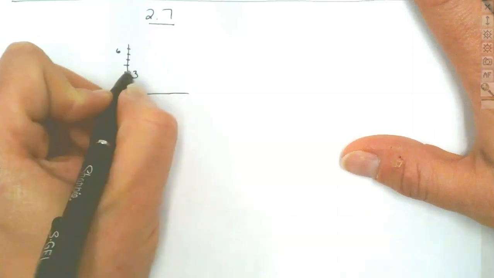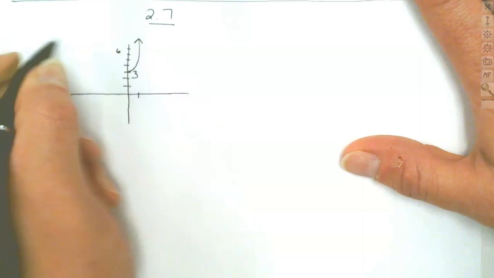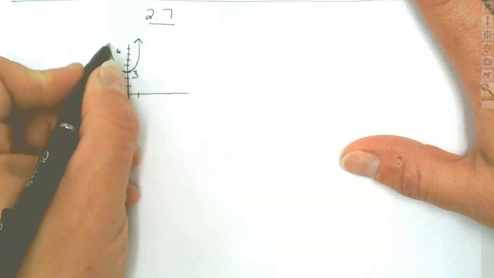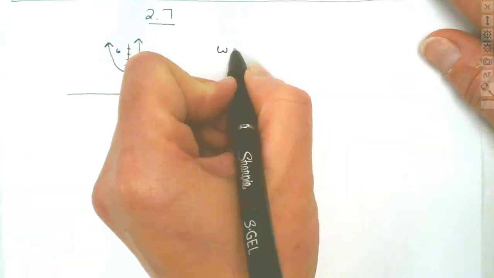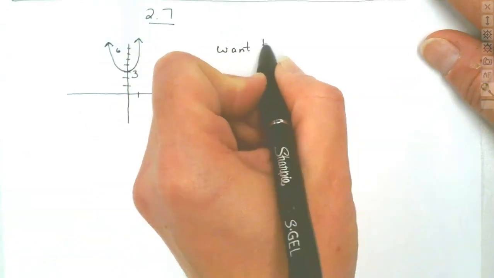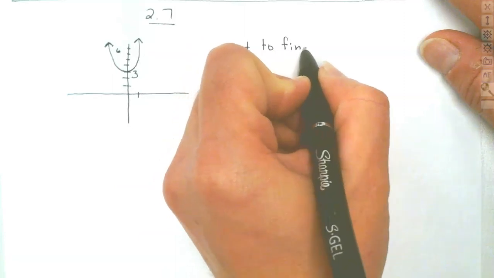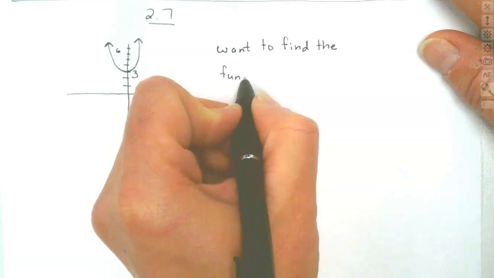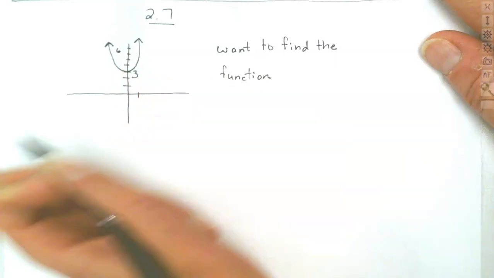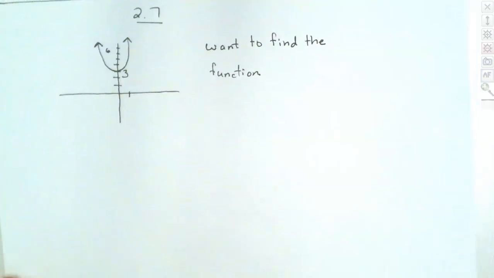So we'll start at about 3. And we'll draw this graph here. Okay, and we want to find the function. So we're basically going to be working backwards.